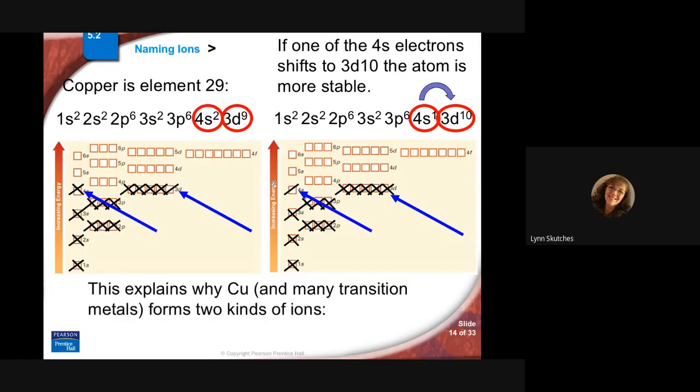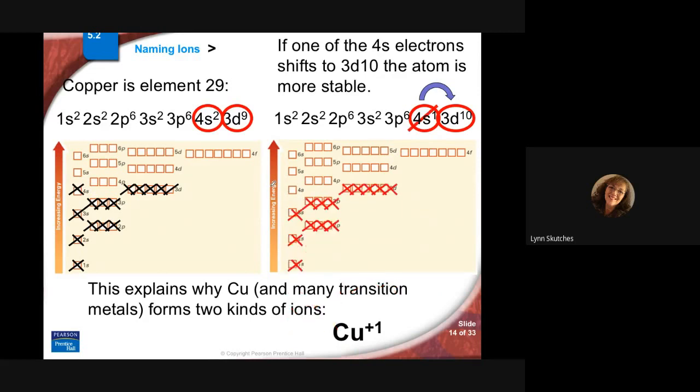And so we just have 1 in the s. Okay, so we lose that 1 in the s. This is what the electron configuration would be. And if we lose 2, both of the s's, this is still out of balance.